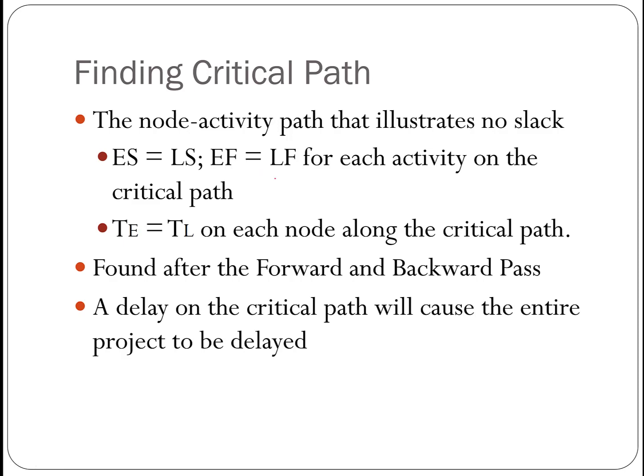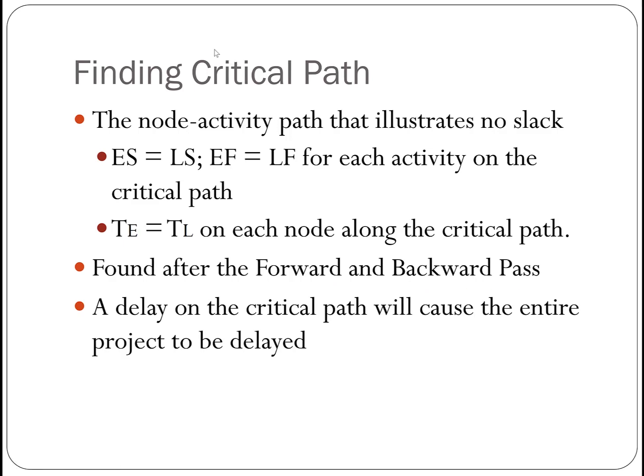And if a path connecting those activities on which all the activities cannot be delayed, then we will find that's a critical path. Critical path is found after we complete the forward and the backward path. And the path is called a critical path because if you delay any activities on that path, you will cause the entire project to be delayed.